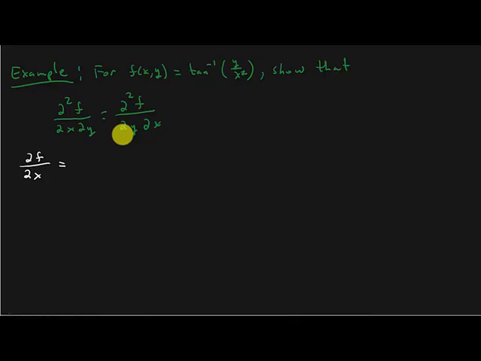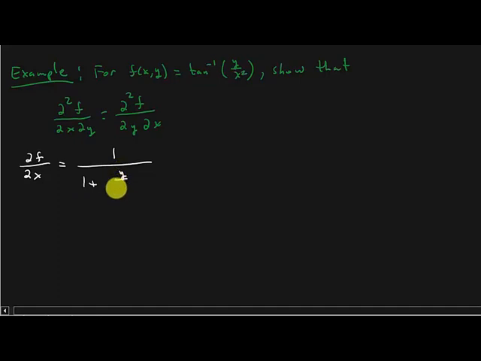All right, so what is this? Inverse tan. What do we have? Well, that's 1 over 1 plus y over x squared, squared, right? Times the derivative of what you're taking the inverse tangent of.